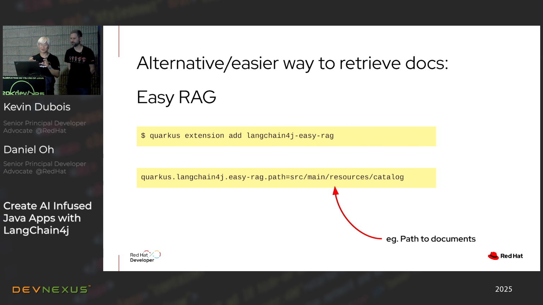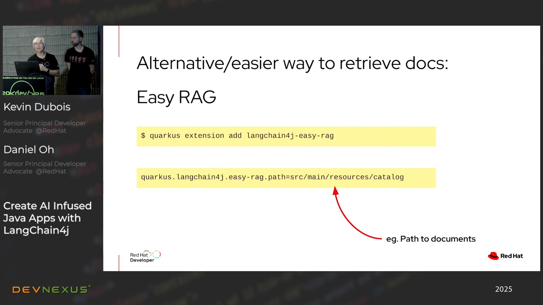That's one of the great things here. Easy RAG is a dependency, a Maven project dependency or Quarkus extension. You can easily add this dependency into your Quarkus project. The one thing left is to add the path to the documents. Where is the document? Like my PDF file.